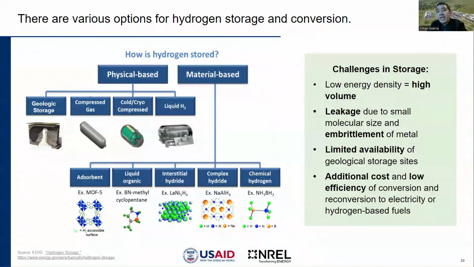Something that is very important here is that the energy density of hydrogen is very low, right? So we need to take into consideration that aspect for storage and transportation. We may want to convert hydrogen into a molecule that has a higher energy density, for example, ammonia, and then store and transport that molecule because it's going to be cheaper. Next, please.